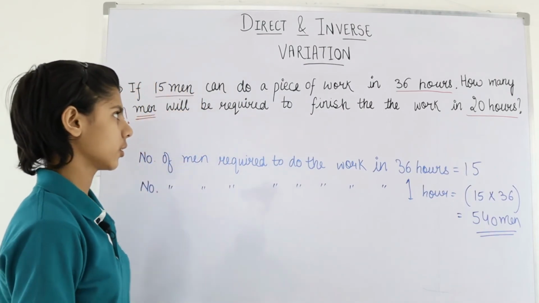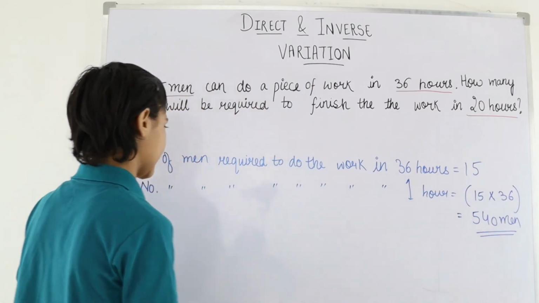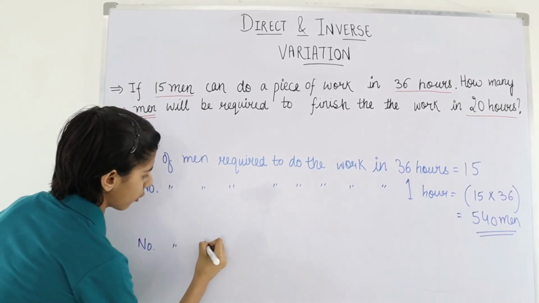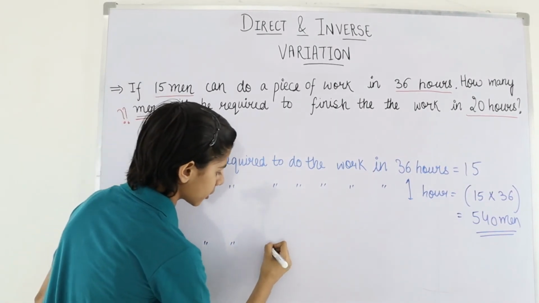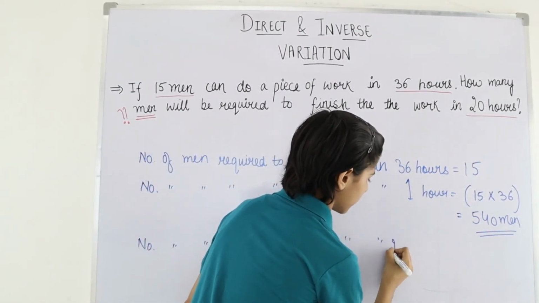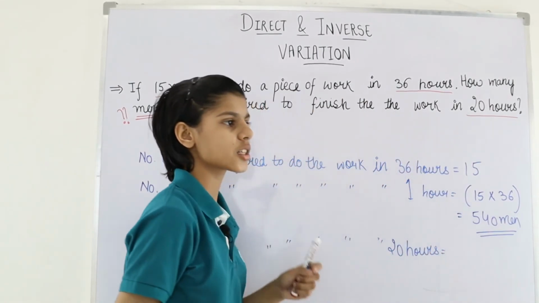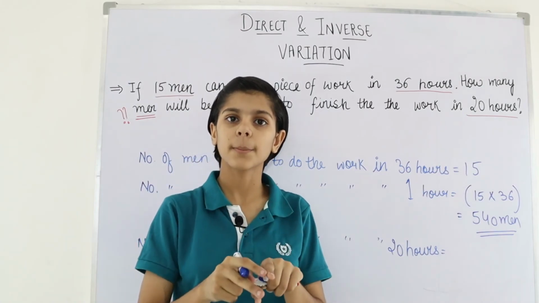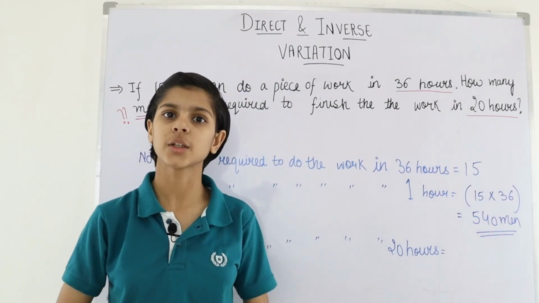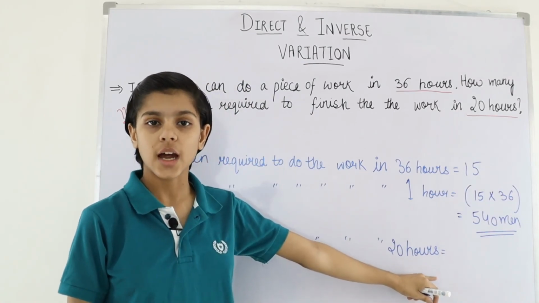So now what we need? We need how many men can finish the work in 20 hours. So we will write here number of men required to do the work in 20 hours. So it is also obvious that in 20 hours, if we want to finish a work, the number of men will be less as compared to 1 hour. अगर 1 hour में हमें काम ख़त्म करना है तो number of men ज़्यादा होंगे as compared to अगर हमें 20 hours में complete करना है.